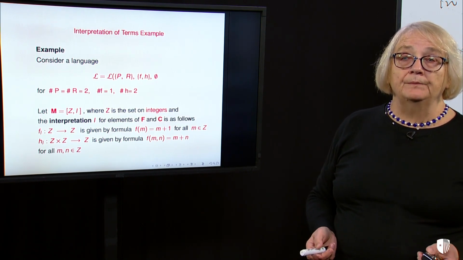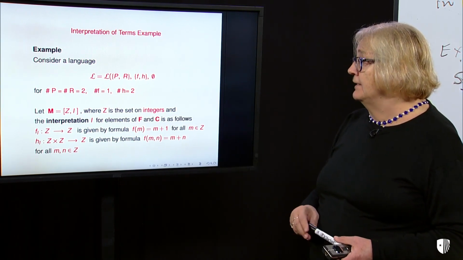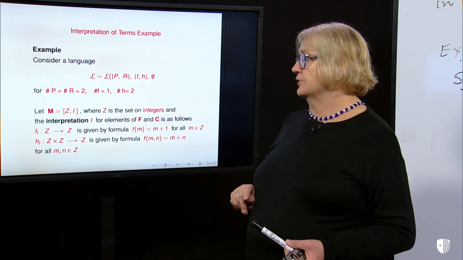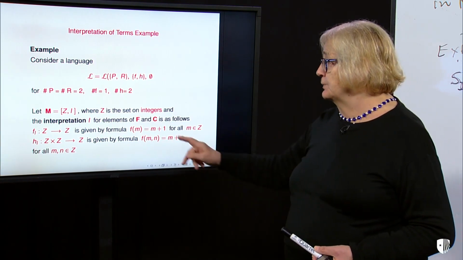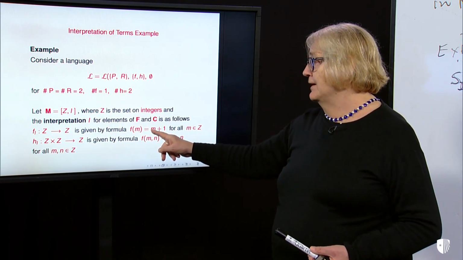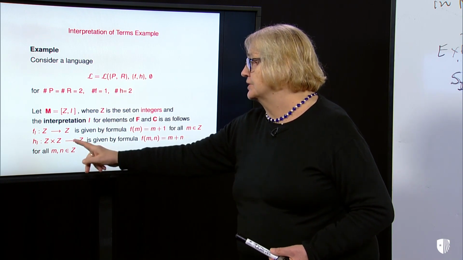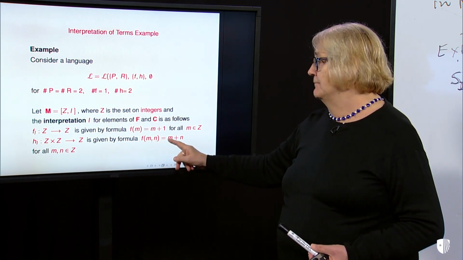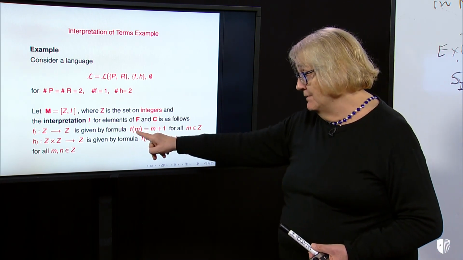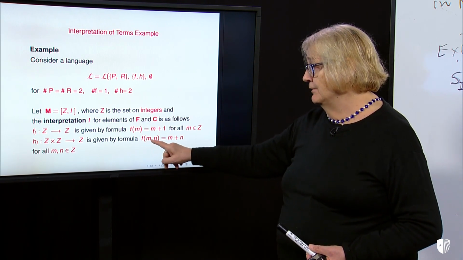And here's an example. Again, we have a little language, and Z is the set of integers. The interpretation of f is given by the formula f(m) = m plus 1, and h is given by the formula h(n, m) = n plus m. Here f is one variable plus a constant, and h has two variables.